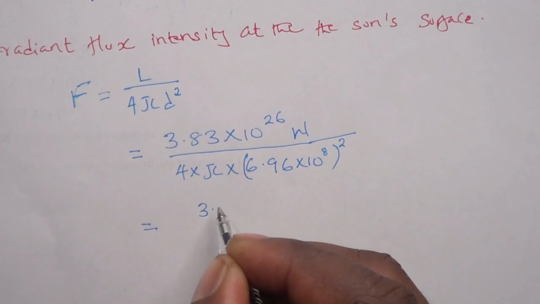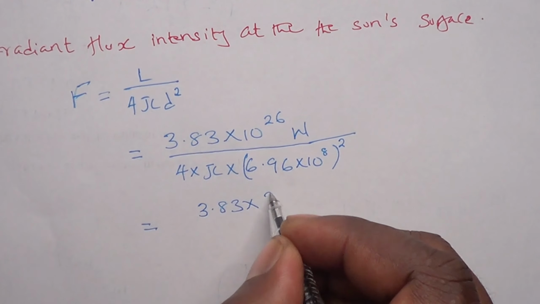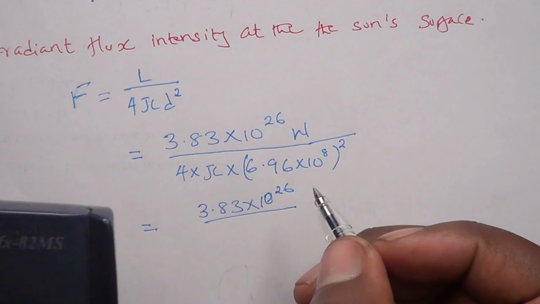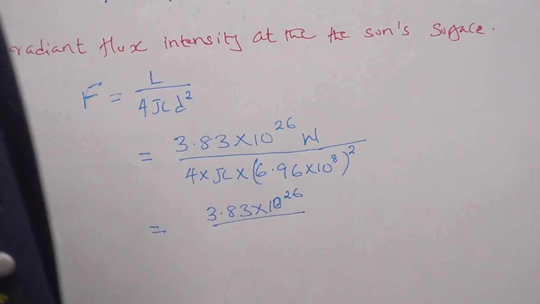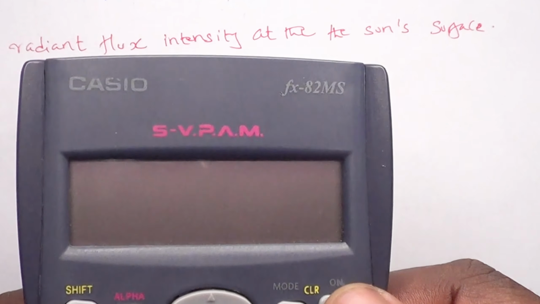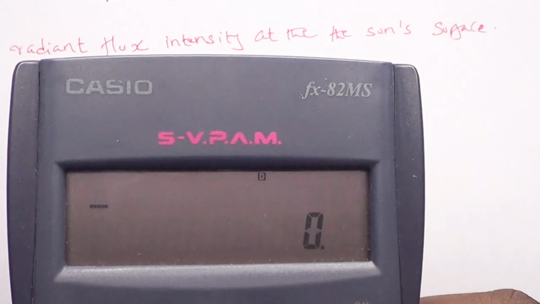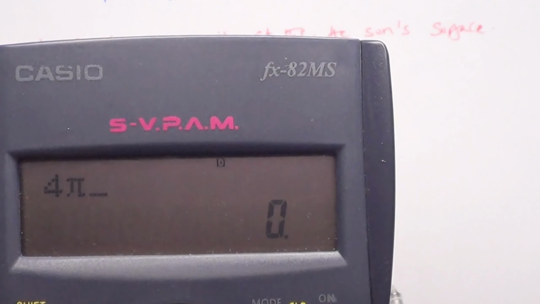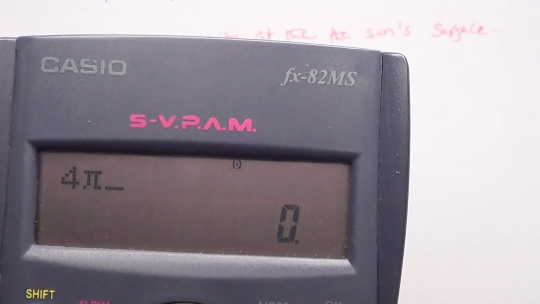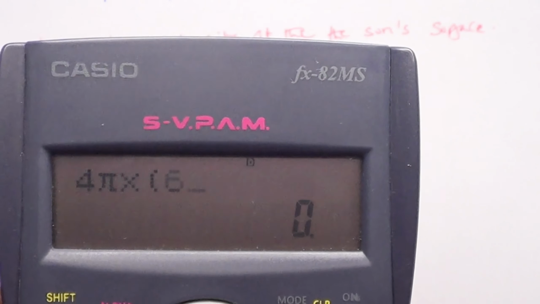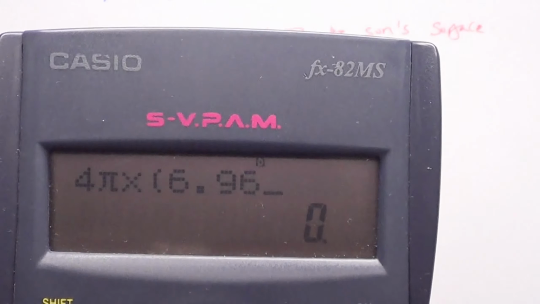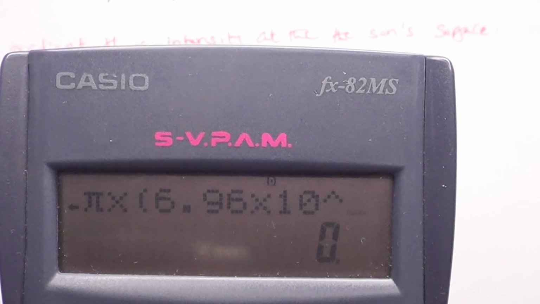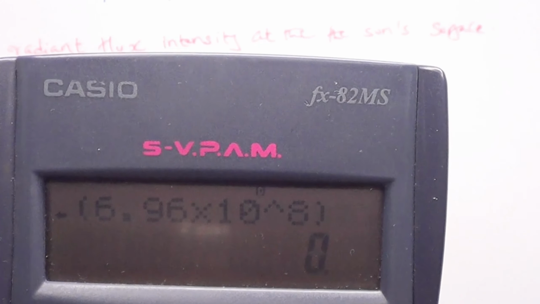Now we have 3.83 times 10 power 26 over 4 times pi times into bracket 6.96 times 10 power 8 squared.